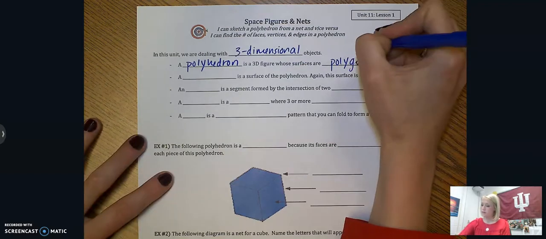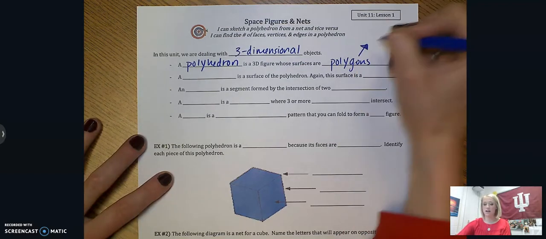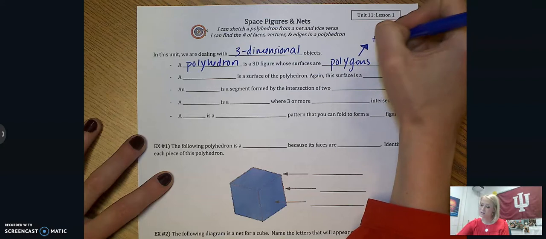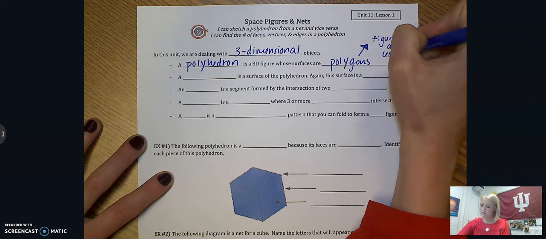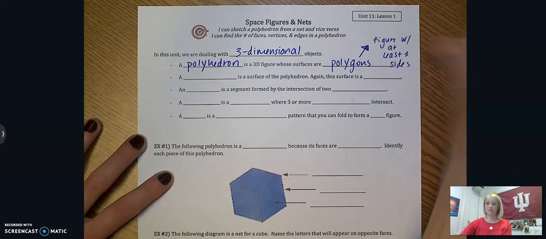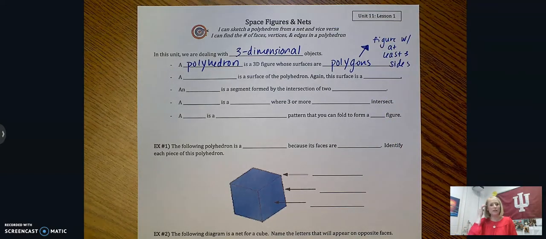Again, a polygon is a shape: a triangle, a square, a rectangle, an octagon, whatever. So a polyhedron is just a 3D figure where every surface is a polygon.